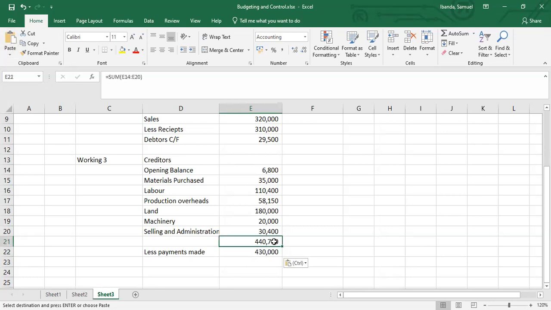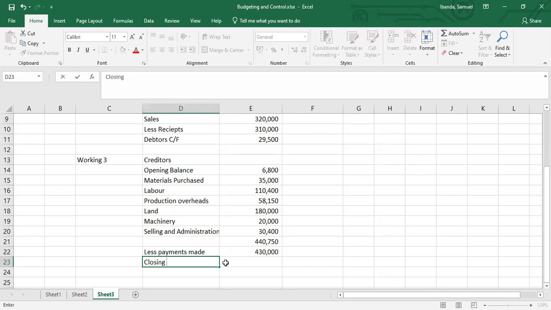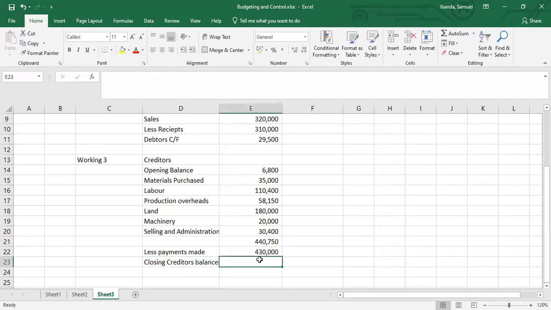So as you can see, we had 440,750, and our payments are worth this, okay? So if I'm to get the closing balance of my creditors, the closing creditors balance, it will be basically the total, the 440,750, less the 430, which gets me to 10,750.